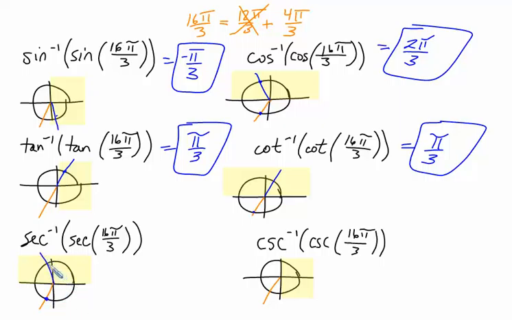That's going to double back up to the top. In this case, that's going to be 2 pi over 3. Make sure you express it as a number between 0 and pi. And cosecant pairs up with sine, which is the y-coordinate. So which angle on the unit circle in the highlighted region gives us the same y value as down there? It'll be over here at negative pi over 3.